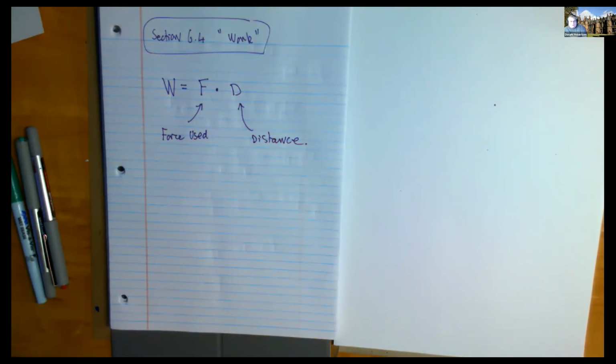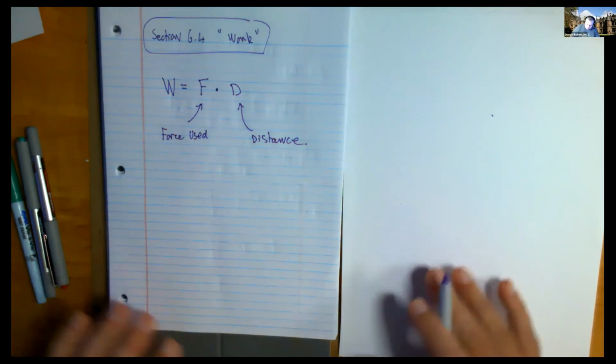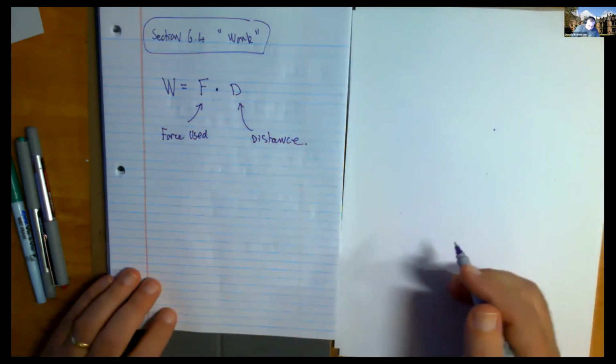Now, the kinds of questions we're going to be dealing with are where you're working against gravity. So you've got something on the ground, essentially, and you lift it off the ground. That's a very simplistic version of what's going to happen.